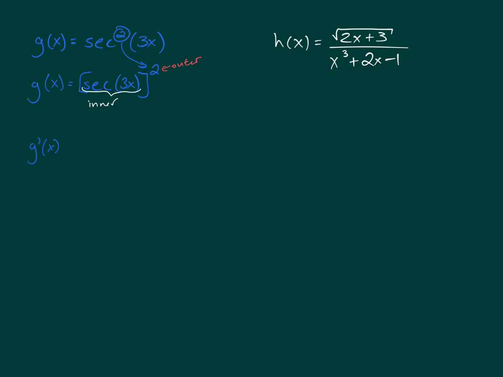The outer function tells us that we just need to run a power rule, because that is what is on the outside. So we have 2, I'm going to move this exponent to 1, and I will write it this time just so everybody can see what's going on. Then I'll have secant of 3x times the derivative of the inner function.